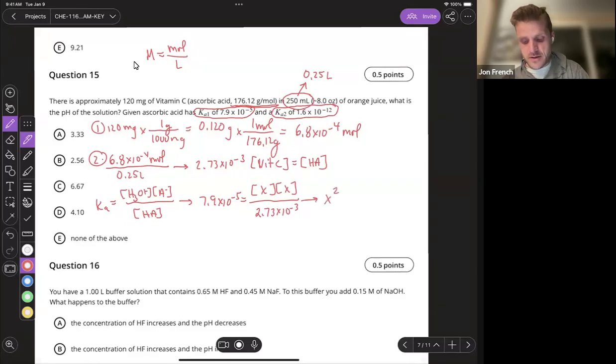So we're going to multiply that across, get x squared equals 2.15 times 10 to the minus 7.